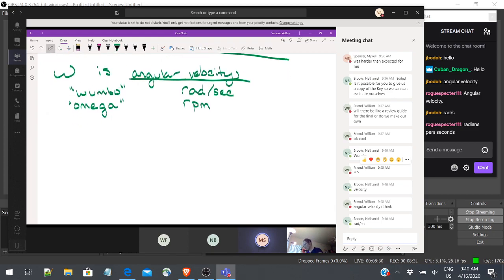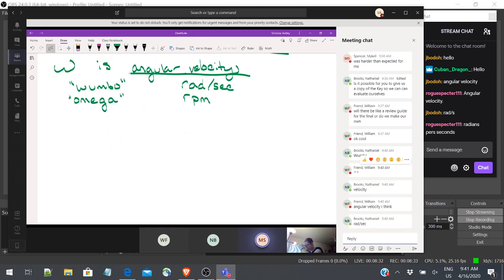Okay. So I'm going to add a little bit of detail, which is we have not yet talked about the sign of omega. Just like there's the plus x direction and the minus x direction, we have a plus y direction and a minus y direction.